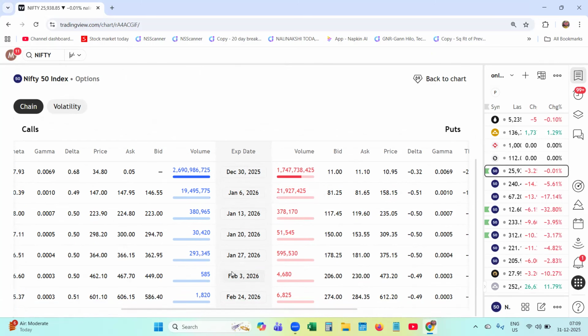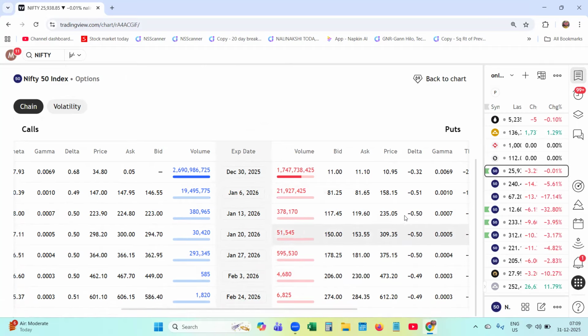That is the beauty. 25,950 call option, all the expiries, the value you will get, see, you can draw: 362, 294, 146. What about on the put side?